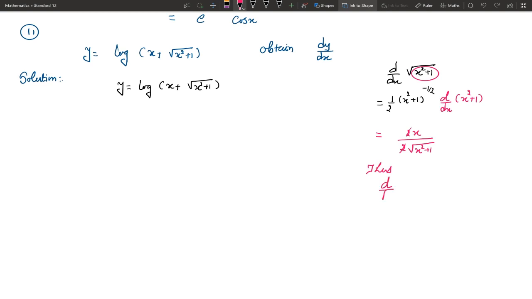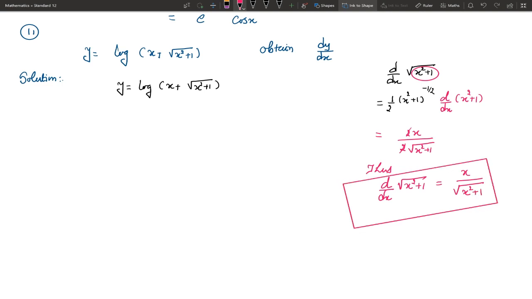d by dx of under root x square plus 1 is x upon under root x square plus 1. So we use this. Now let us differentiate y with respect to x.